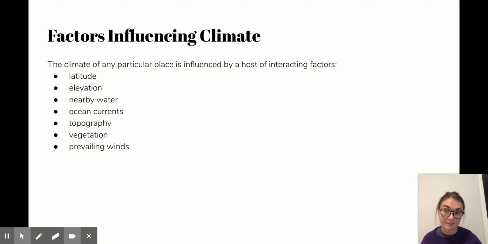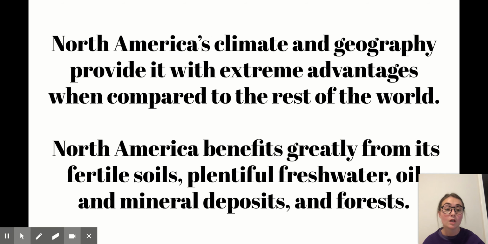And then prevailing winds. So those factors influence climate, and I'm not going to get into each one of those super detailed, but what you need to know is that North America's climate is about as perfect as you can get as far as population distribution goes and economic development. All right, so North America's climate and geography provide it with extreme advantages when compared to the rest of the world. We're going to look at how that has turned into advantages.